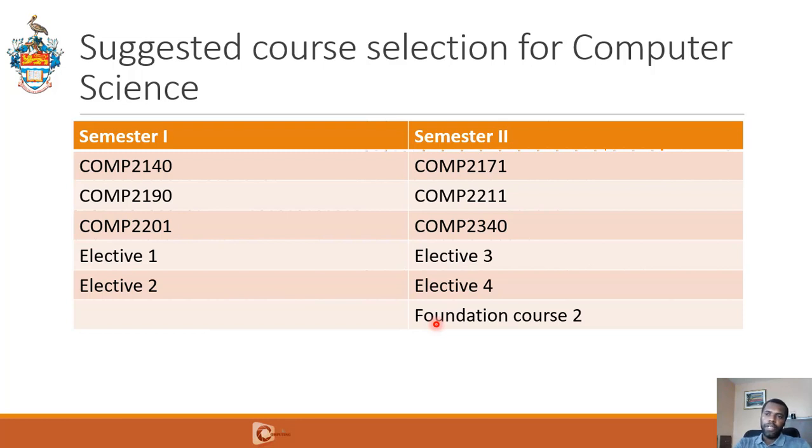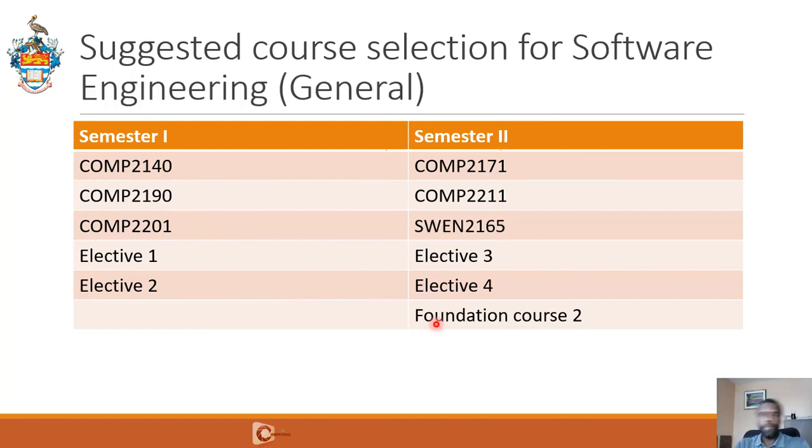If your major is software engineering general, then in semester 1, you take Comp 2140, Comp 2190, and Comp 2201, and 2 elective courses. And in semester 2, you're going to need to take Comp 2171, Comp 2211, and SWEN 2165, and 2 more elective courses and a foundation course.